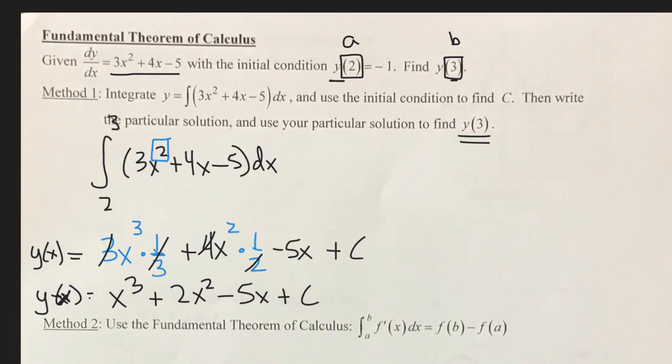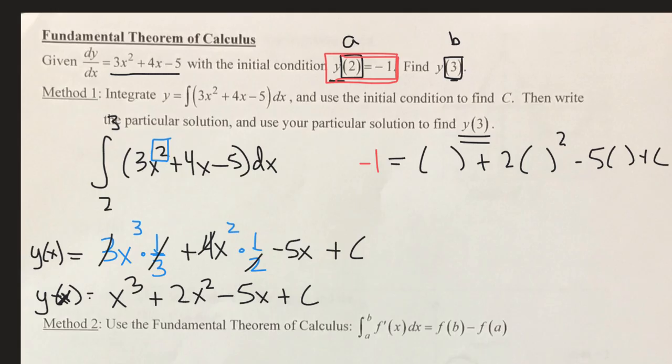We're going to use our initial condition. When we plug in a value of 2, I get -1. -1 is my answer whenever I replace x with 2. So I'm going to figure out what my equation is so that I can then plug 3 into that equation.